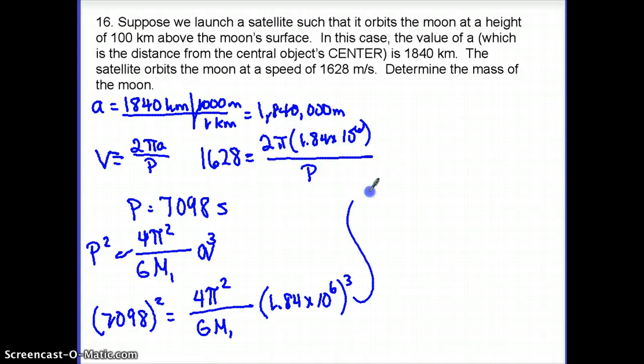So that comes to 5 times 10 to the 7 equal to 5.9 times 10 to the 11 over M times 6.2 times 10 to the 18.